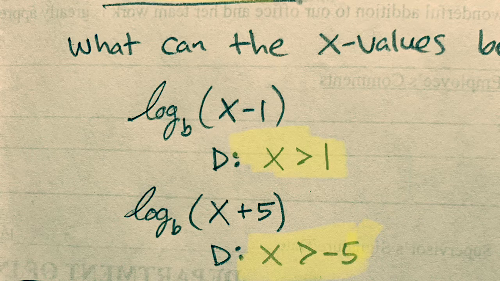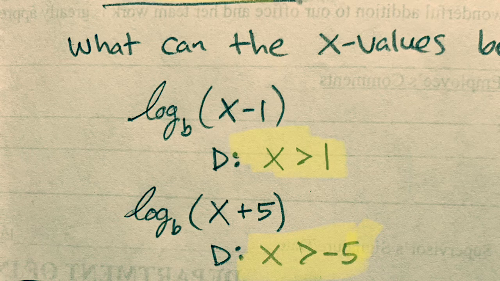Because if x was, well, let's see, what's smaller than negative 5? Negative 6? If x was negative 6, you'd have negative 6 plus 5, which is negative 1, that goes into the input of a log. And so the domain is always based off of the number that's paired with x. And it's always going to be the opposite sign, as you can see. So you have the domain that will be different for every log.